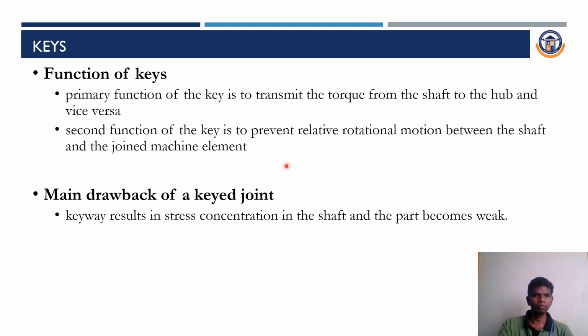These are the two major functions of keys. The main drawback of the key is that the keyway results in stress concentration in the shaft and the part becomes weaker.